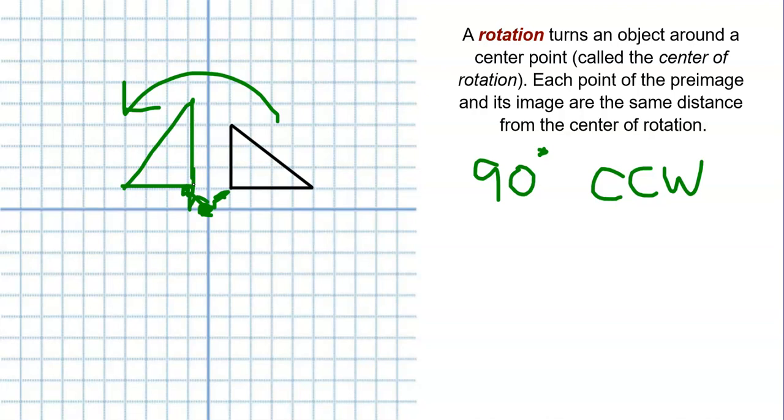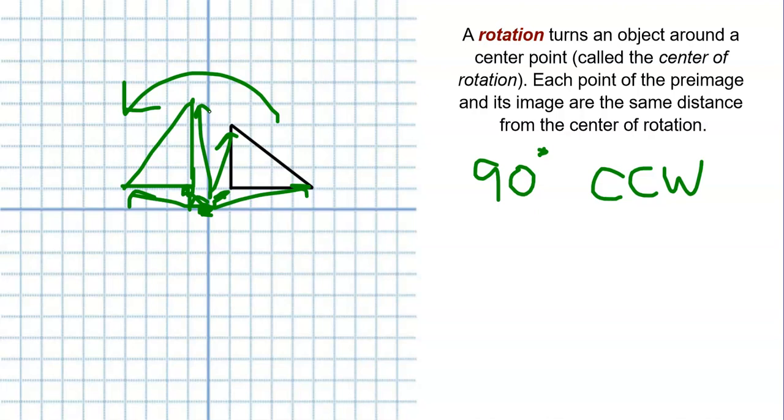We can see that each of the points are the same distance away in the image and the pre-image, but the orientation changes slightly. Because it's a 90-degree rotation, lines that were horizontal become vertical, and lines that were vertical become horizontal, as well as the general orientation of the object on the plane is concerned.